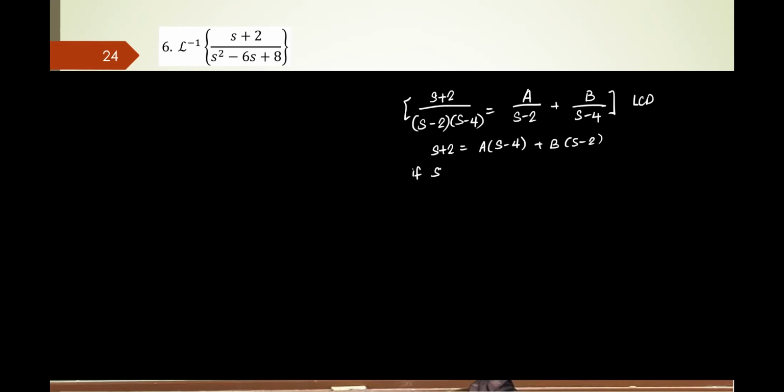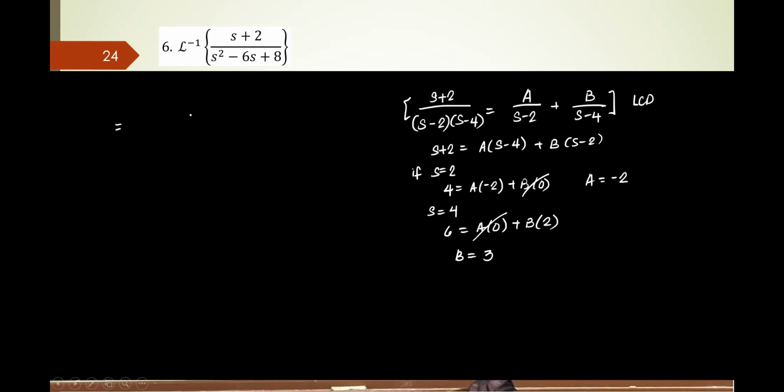So if your s is equal to one of the roots, let's just say 2, so that becomes 4. A times negative 2 plus B times 0. That cancels out. Your A is actually negative 2. If your s is equal to 4, this is 6. A times 0 plus B times 2. That cancels out. B is actually equal to 3.